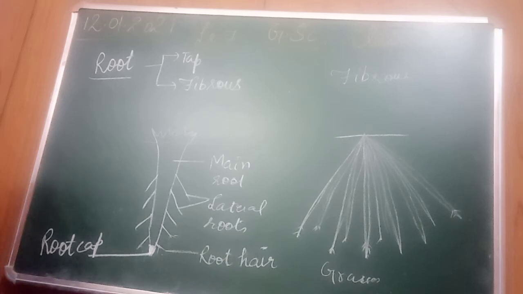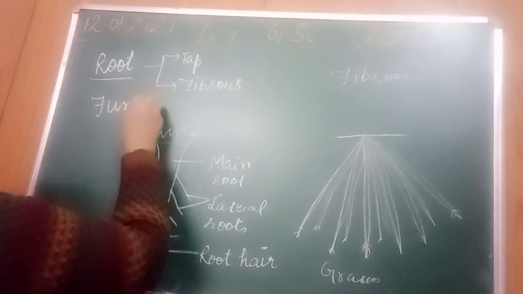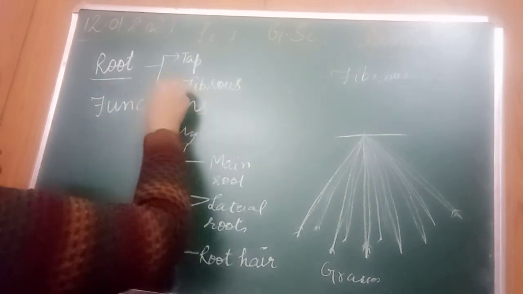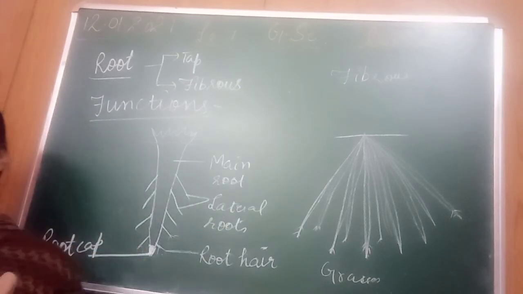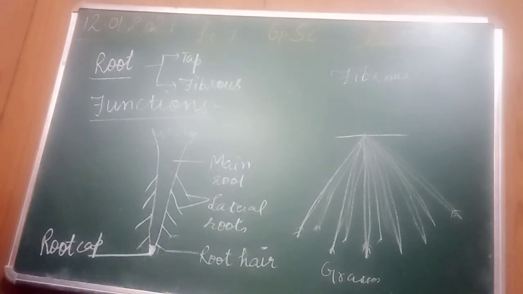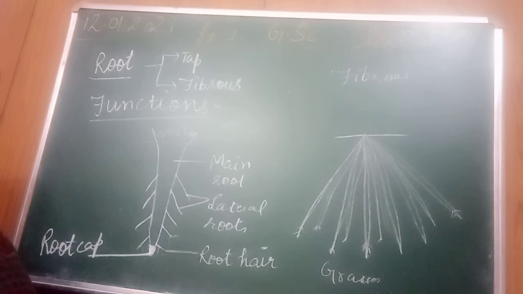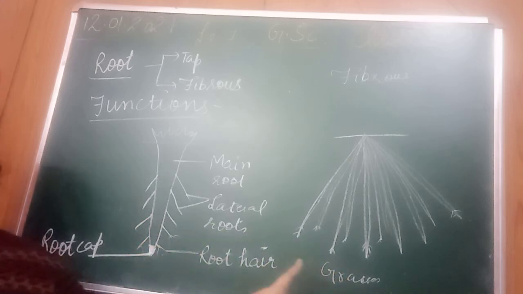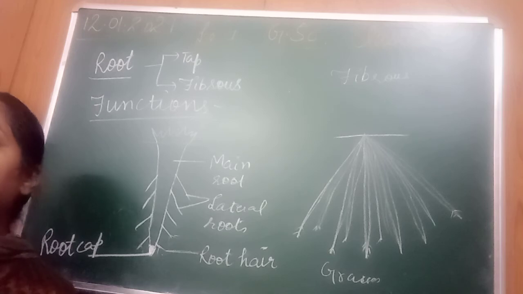Now, children, let us do functions also. With that, we will be able to finish the root. Functions. You can note down the functions. Number 1, you all know they help to absorb water, minerals and other nutrients from the soil. Right? Number 2, these roots fix the plant to the soil firmly.